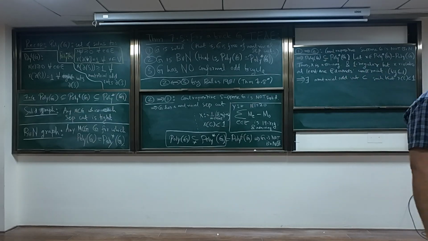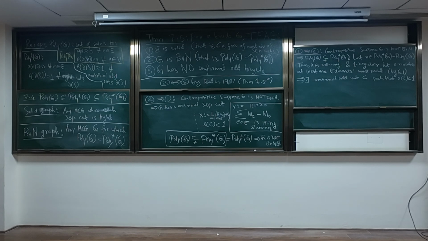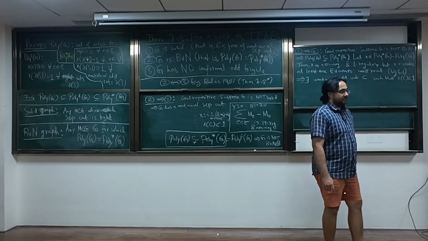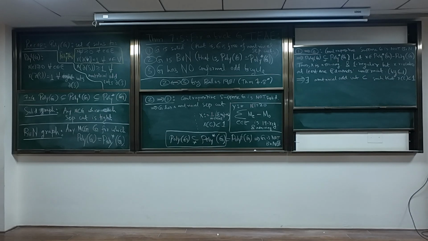And it would be nice if you could just say, hey, C is a separating cut, and it's already non-trivial. If you can just somehow prove that C is a separating cut, that would be great. But life is not always so easy. Turns out there exists a C for which this is actually separating. So we need to somehow find that needle in a haystack.